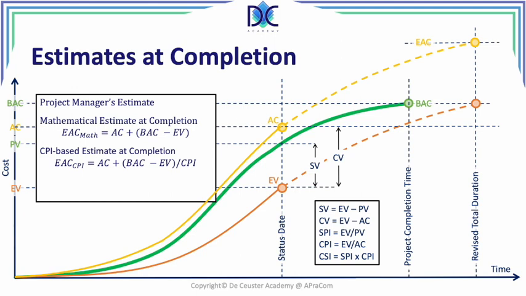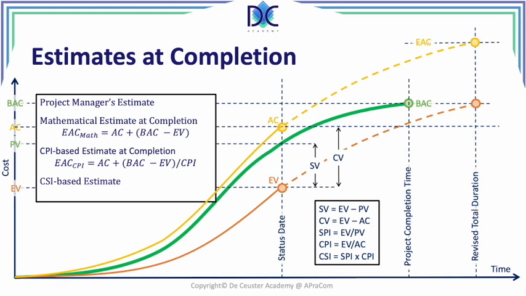When we looked at the mathematical estimate at completion, since we have the performance there that we are completing the work as estimated, the CPI is then equal to 1. What we have here, we use the CPI we obtained from the past performance, and we divide the remaining value to earn by the CPI. We also call this the probable estimate.